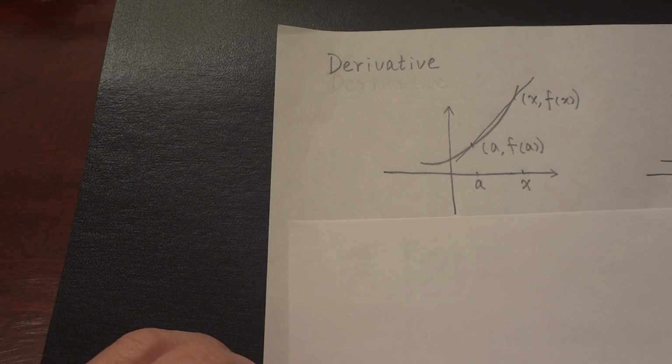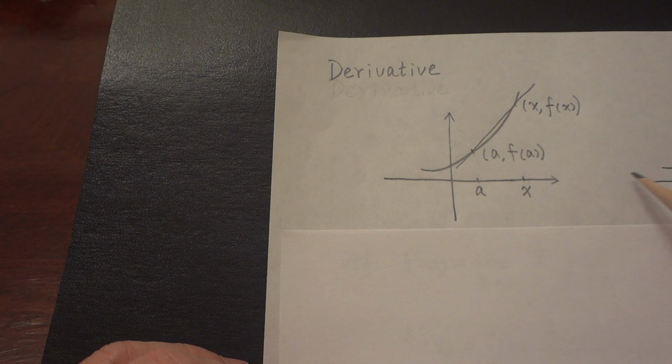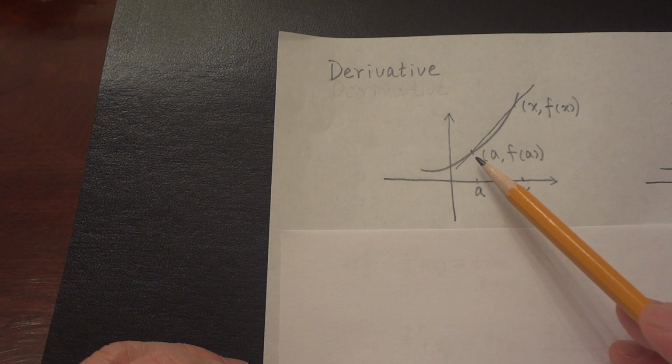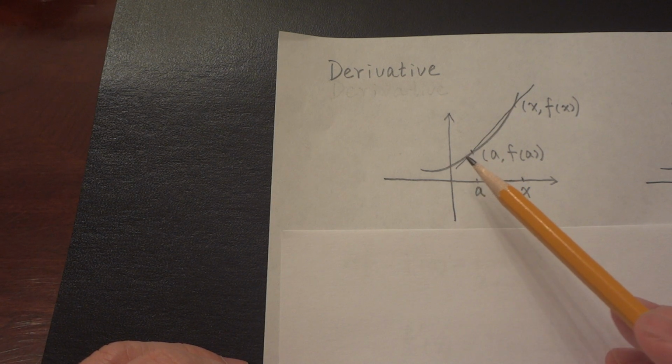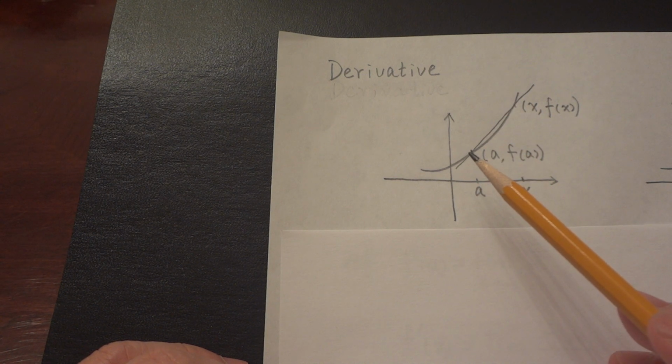Here we have a curve y equals f(x). In order to compute the tangent line at point A, x equals a, y equals f(a), we take a secant line instead of the tangent line because we don't know the slope of the tangent line.